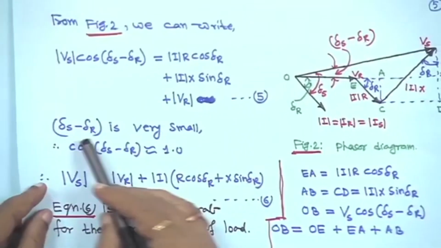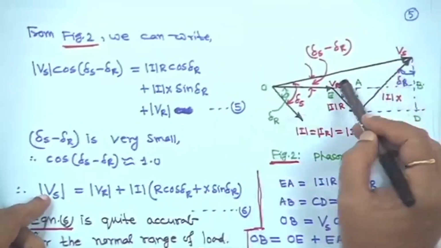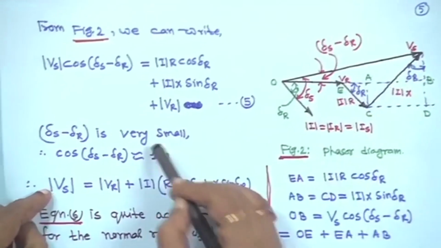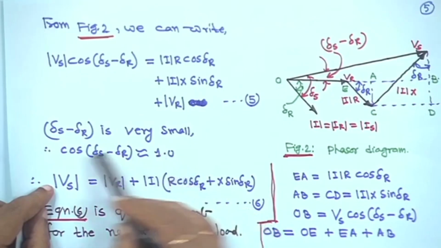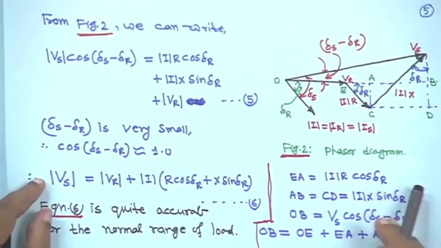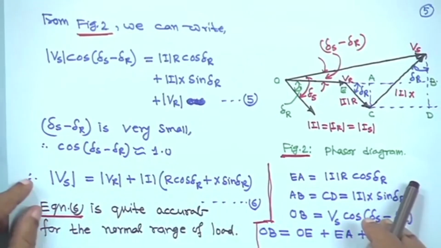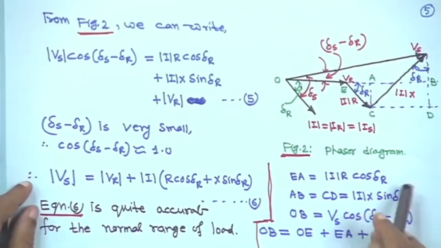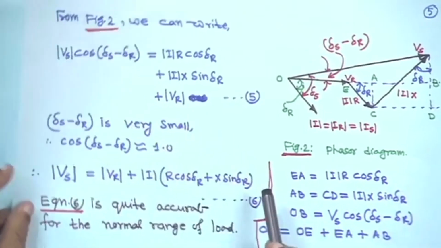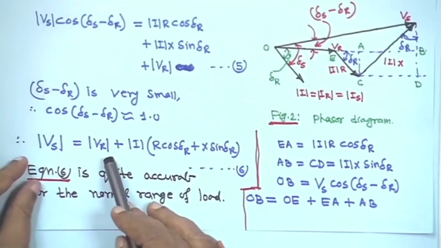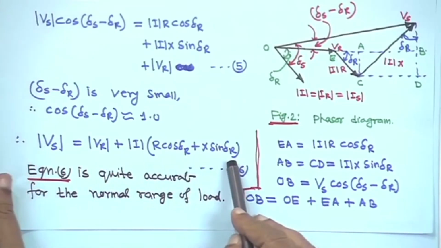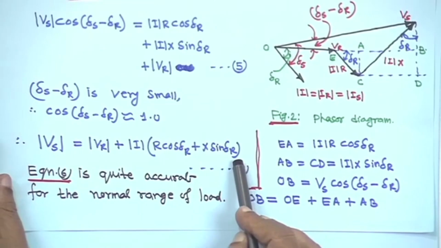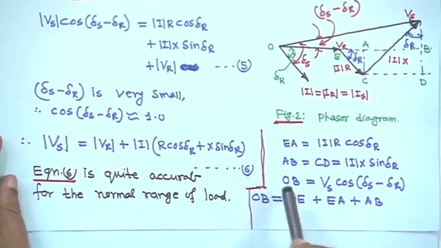Now, delta S minus delta R is very small; the angle between Vs and Vr is actually very small, so we can take cosine of delta S minus delta R approximately 1. Then you will get magnitude Vs is equal to magnitude Vr plus IR cosine delta R plus IX sine delta R. This is equation 6.